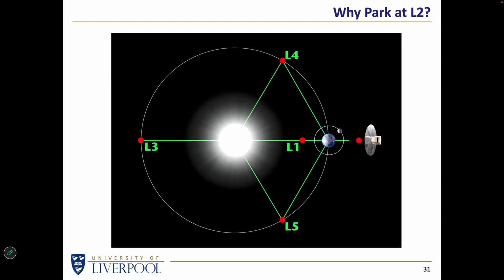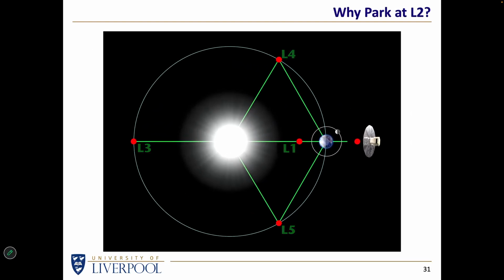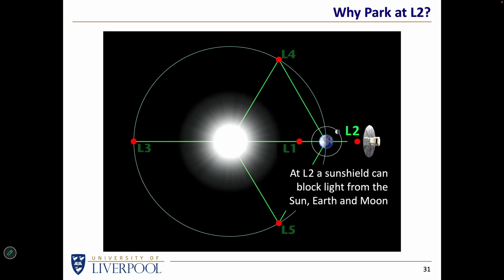Let's just remind ourselves, if we ignore the other Lagrange points, L2 is 1 million miles above midnight, and Gaia was sent there for the same reason that James Webb was sent there, because it's a nice place to get away from the moon and the Earth and the sun. With a single sun shield, you can block the light from moon and sun and Earth. Effectively, there's nowhere else you can do that. So L2 is the preferred place to send spacecraft these days.